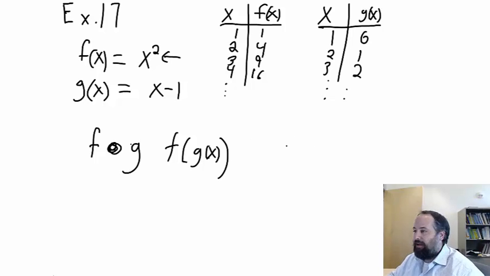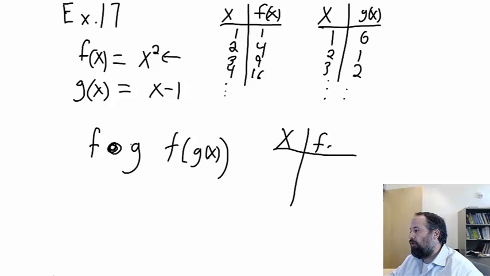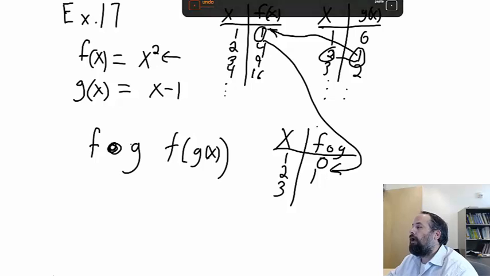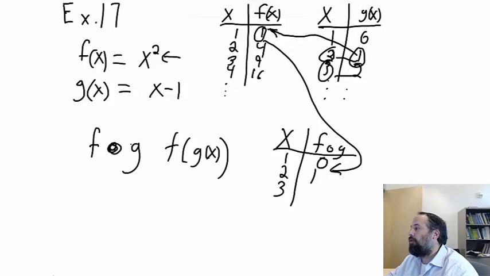So in that case, if we have x and then f of g, 1, 2, 3, well, we know that g of 1 is 0. Well, we don't have it written here, but 0 squared is 0, right? g of 2 is 1, which will get us 1 up here. As for 3, that gets us 2, which we plug in over here, and we get 4, and on down.